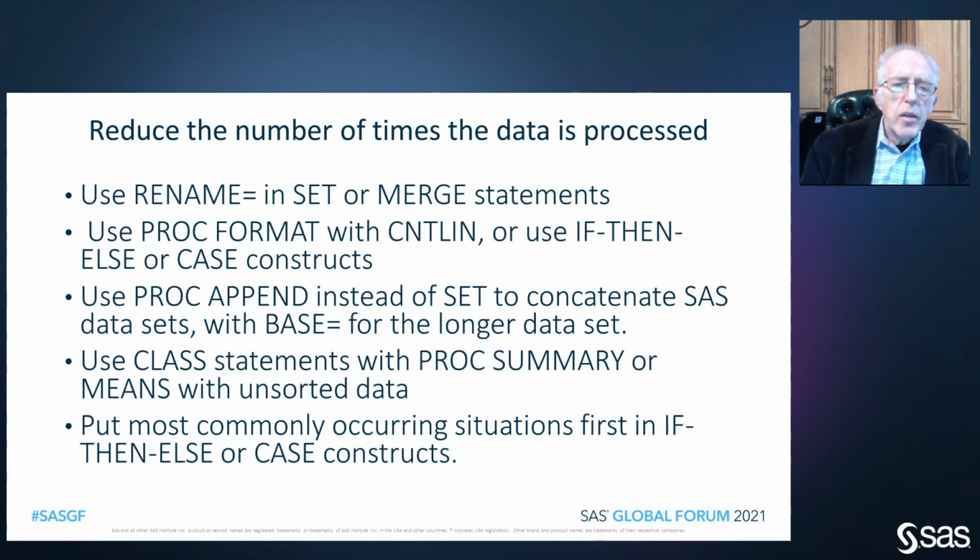So if you put the most common occurrence first, then in the most common cases, it won't go through the other else statements. And the same thing in the case construct. So if you know your data well and you're using if, then, else, or case, always do it in descending order of how often they occur, and that'll save you a lot of time when you're running the program.